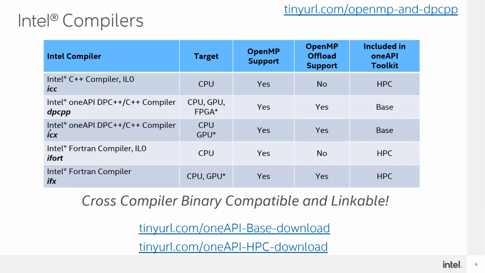But these compiler drivers can provide you with different sets of features. For example, the difference between DPC++ and ICX is that if you invoke the compiler with the DPC++ driver, there are some compiler flags and paths preset, which are not in the case of ICX.